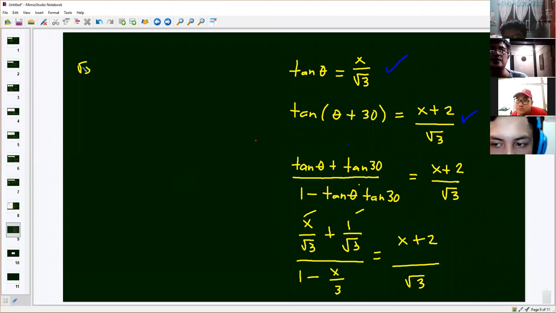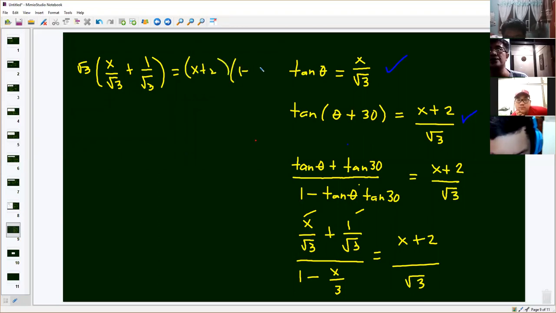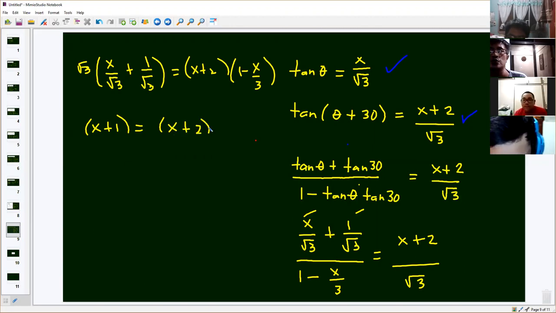Square root of 3 times the quantity x over square root of 3 is equal to x plus 2, the quantity, then 1 minus x thirds. Right now, all I'm doing is cross multiply. Then you know this cancels out, that's x plus 1. Now equals x plus 2 times 1 minus x thirds.